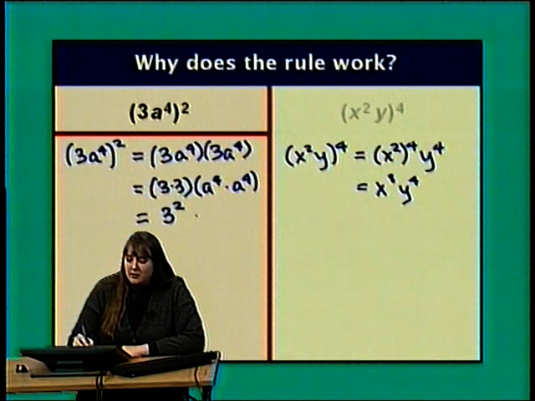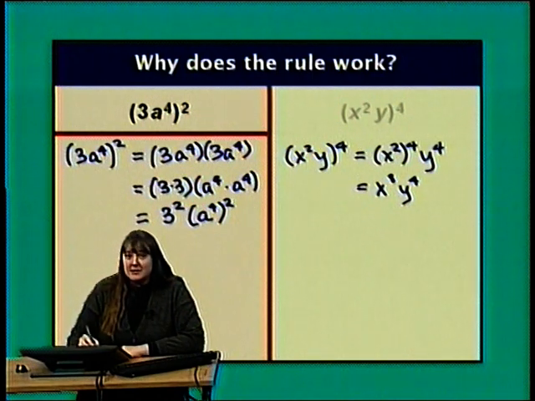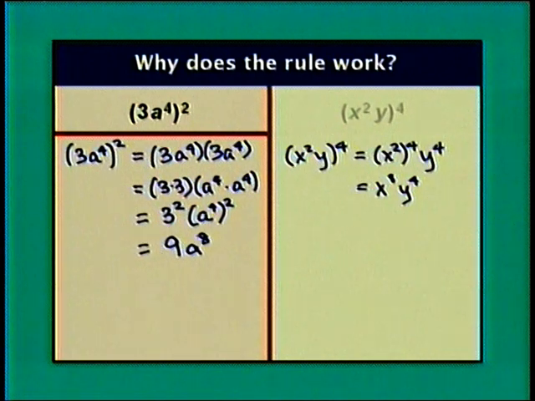That's 3 squared times a to the 4th squared. Again, notice that essentially that exponent of 2 distributed over the factors 3 and a to the 4th. And of course this simplifies to 9a to the 8th.